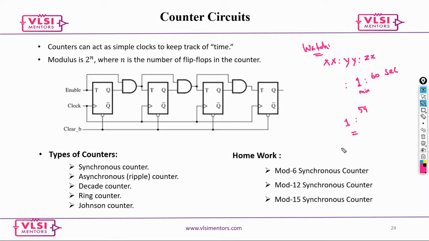So you will have 12, and then 59, and then 59. This is the maximum number you would be looking at in the case of a clock, right?